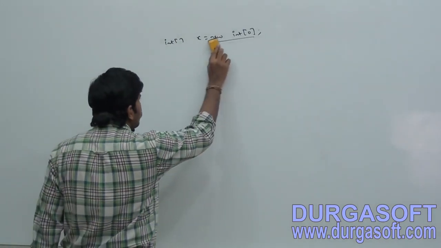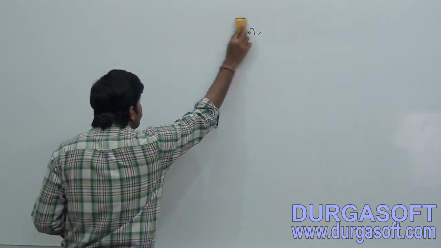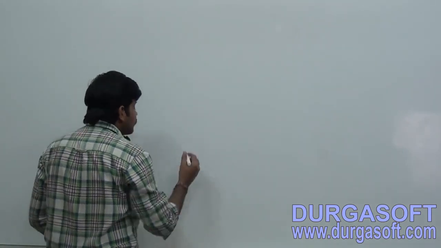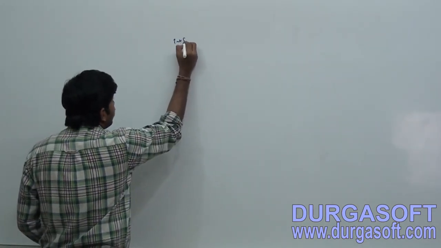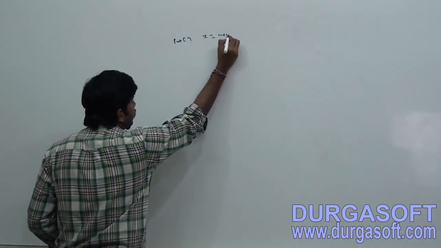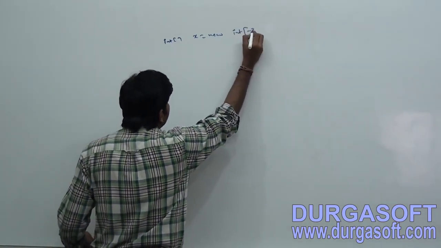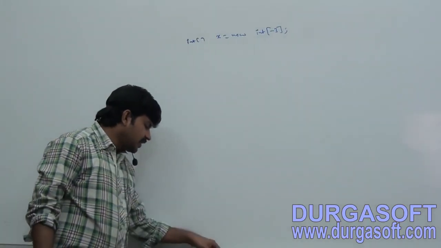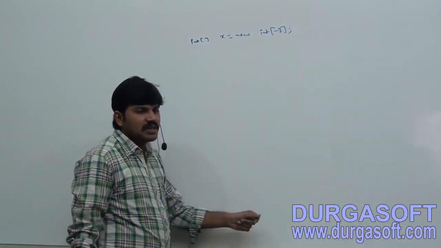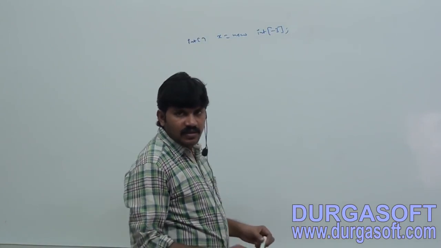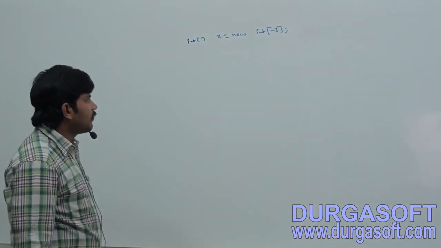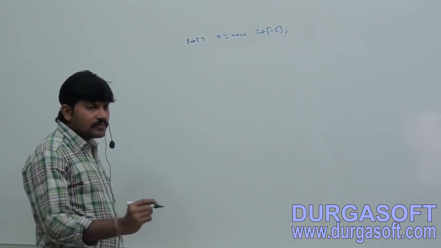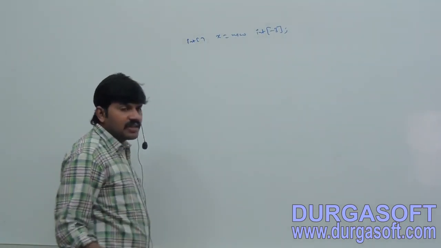Next one. Here, can you tell is it valid or invalid? Sir, I am taking int[] x = new int[-3]. Size minus 3. Valid or invalid? Invalid. What is the reason?